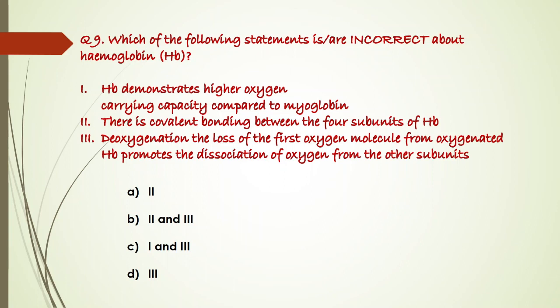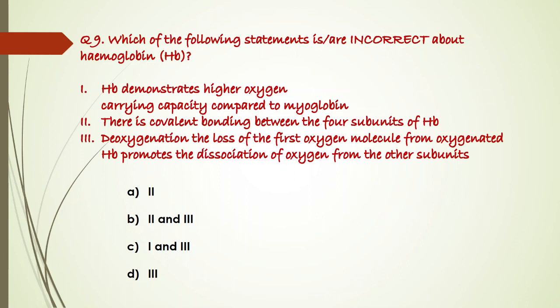Okay, since we do not have much time and I still didn't have any answers, let me show you the correct answer. So let us look at the first one. The first statement is hemoglobin demonstrates higher oxygen carrying capacity compared to myoglobin. So basically how many oxygens can it carry?